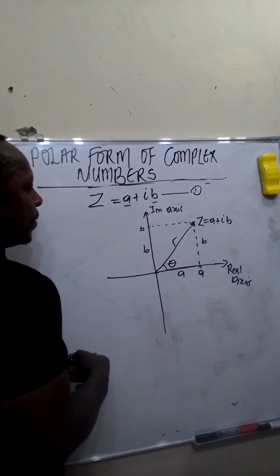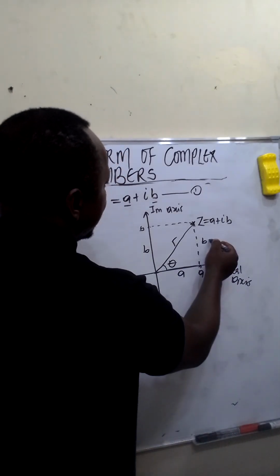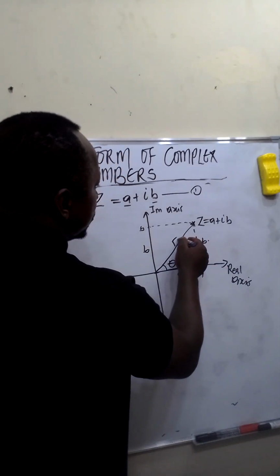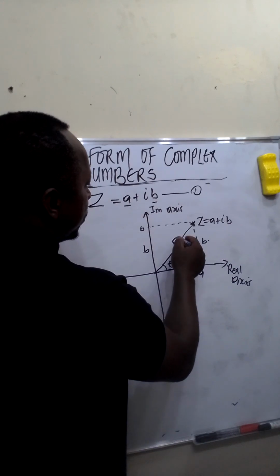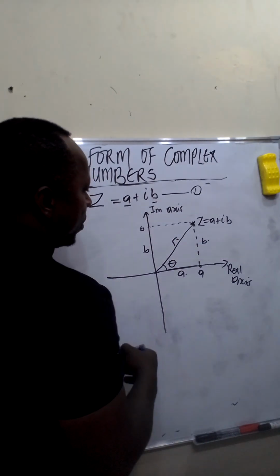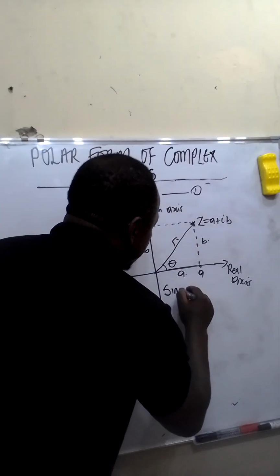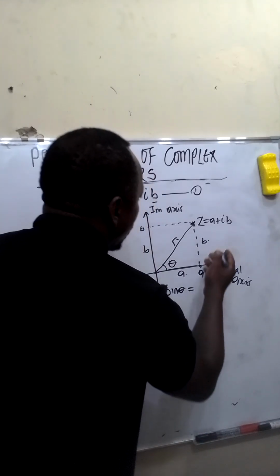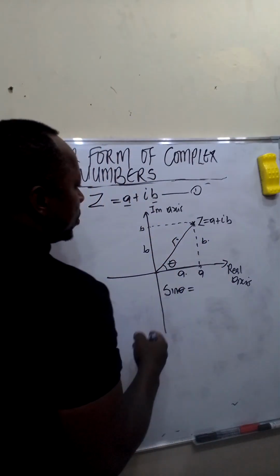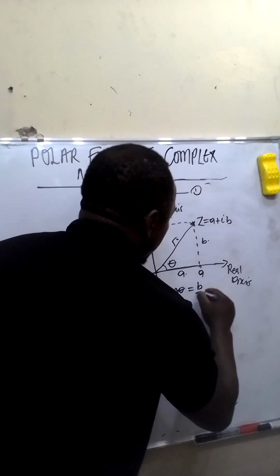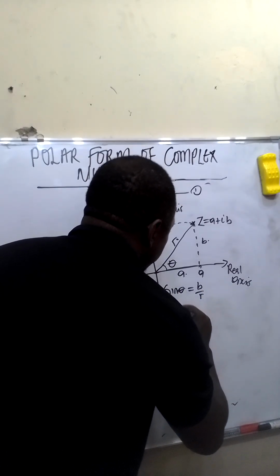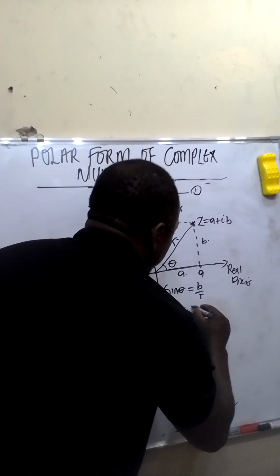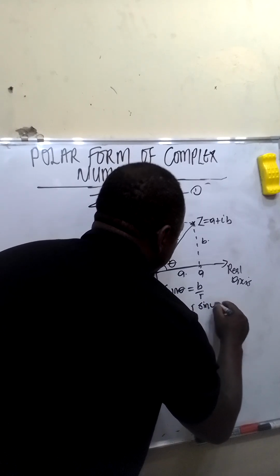Now we can find the value of B with respect to R and also A with respect to R. Sine theta is equal to opposite over hypotenuse, which is B over R. So that if you cross multiply, B will be equal to R sine theta.